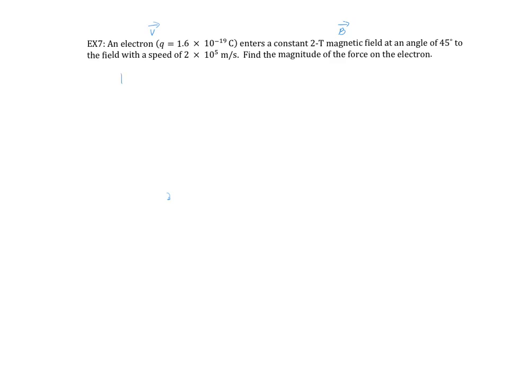That's what we need to find, right? Okay. Well, I have V and B. I have Q. First of all, I don't know if you know what these measurements are. C is coulombs, and T is typically what we use when we describe units in a magnetic field, so those are Teslas.